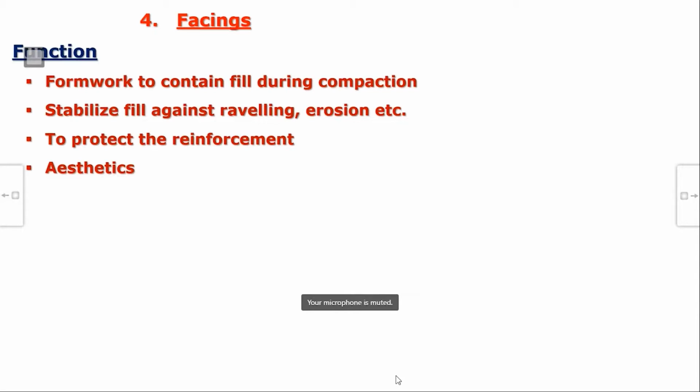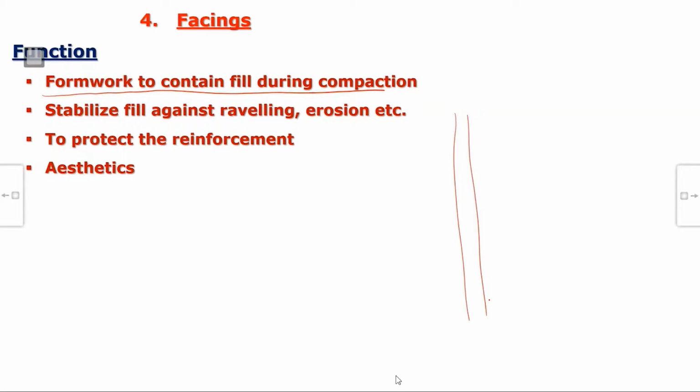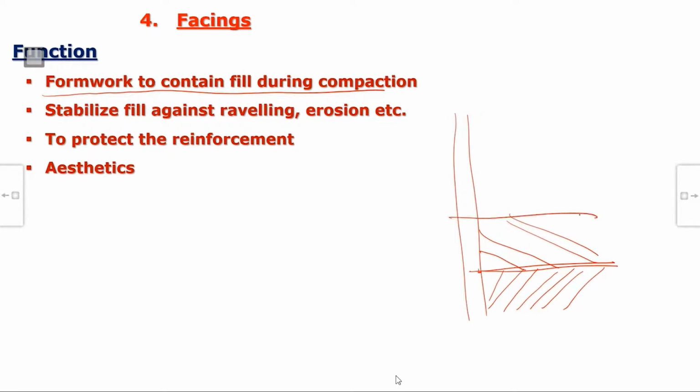Now regarding fascia or facing, what are its functions? One function is it acts as a formwork to contain fill during compaction. When you are constructing the wall, you put a layer of fill material, then reinforcement, then again the next layer of fill material, then reinforcement.